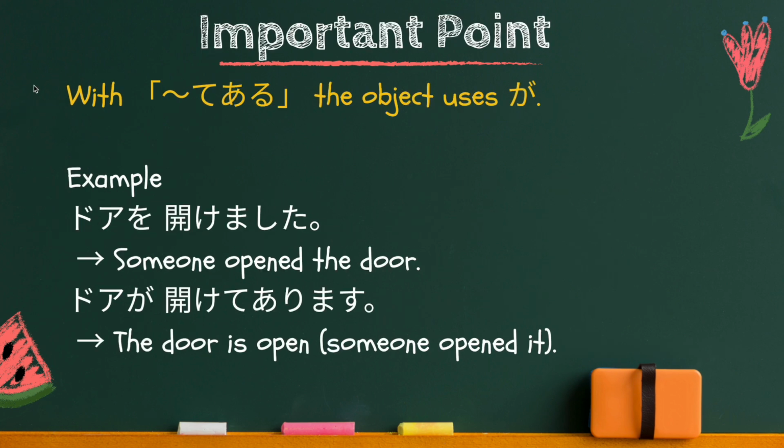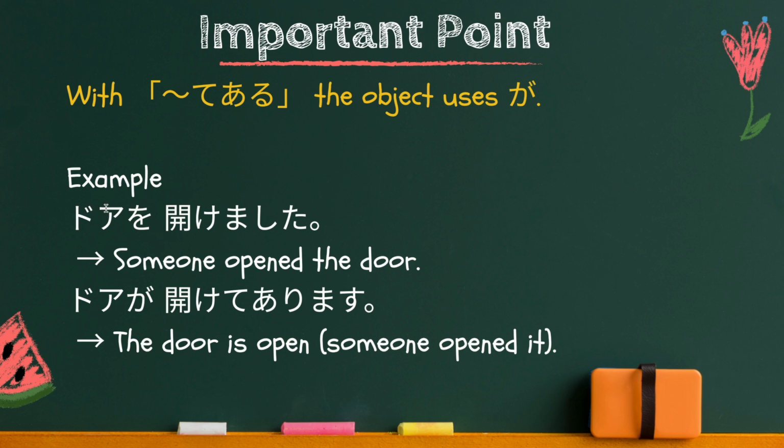Important point. With the てある grammar pattern, the object uses the が particle. So once again, example. Someone opened the door. In this case, ドアを開けました。A very simple sentence. Someone opened the door.